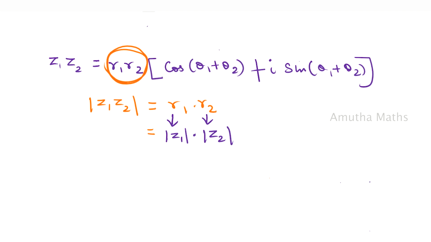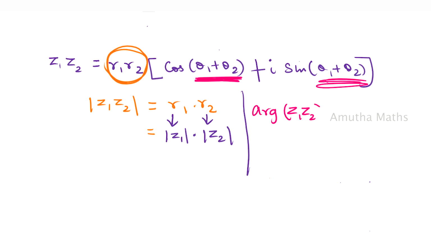Similarly, what is this theta 1 plus theta 2? Theta 1 plus theta 2 is the argument of Z1 Z2. Argument of Z1 Z2 is equal to theta 1 plus theta 2, okay.